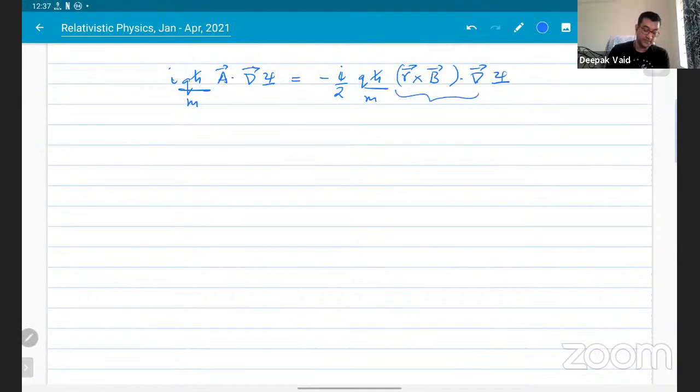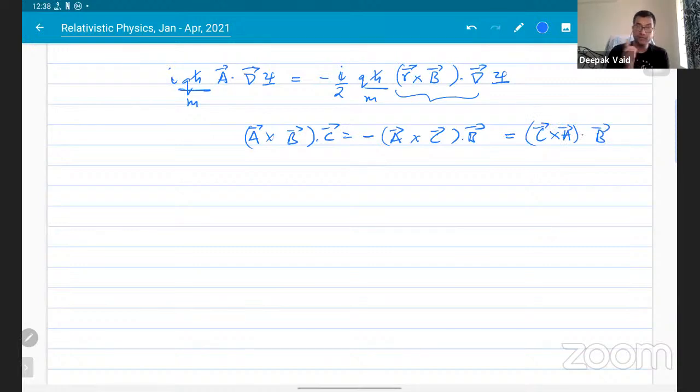Now, this expression we can play around with a little bit. Why? Because remember, B is a constant. Now you might remember that if you have some vectors like this, you can always rearrange the order of vectors like this. You can always write C over here and B over here and put a minus, because this is equal to C cross A dot B, cyclic permutation.